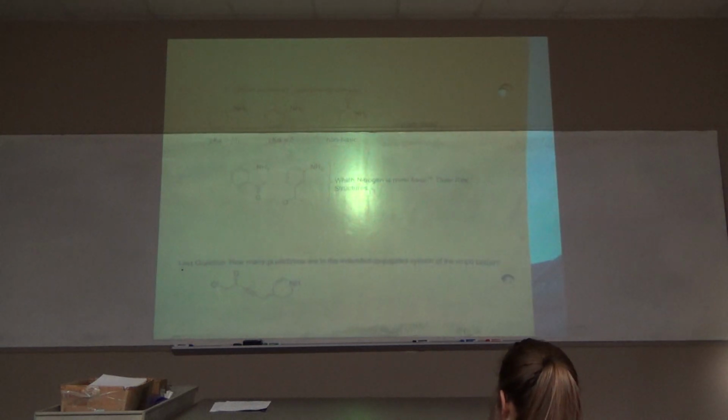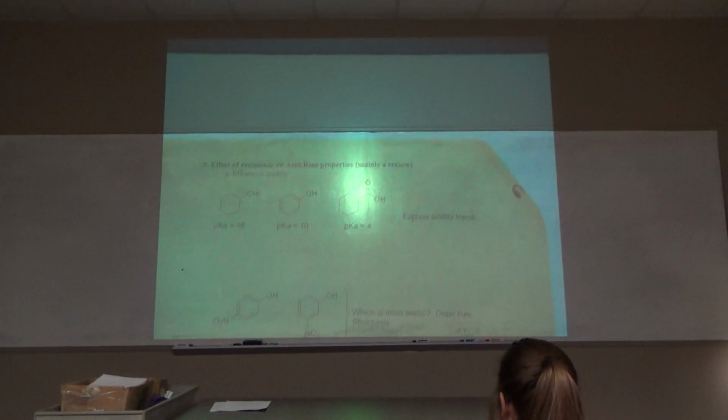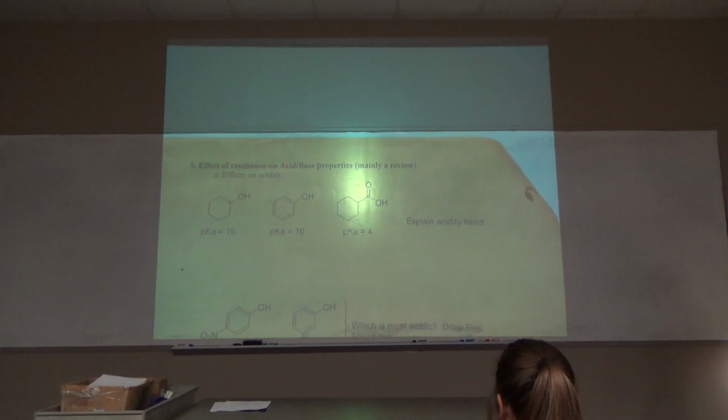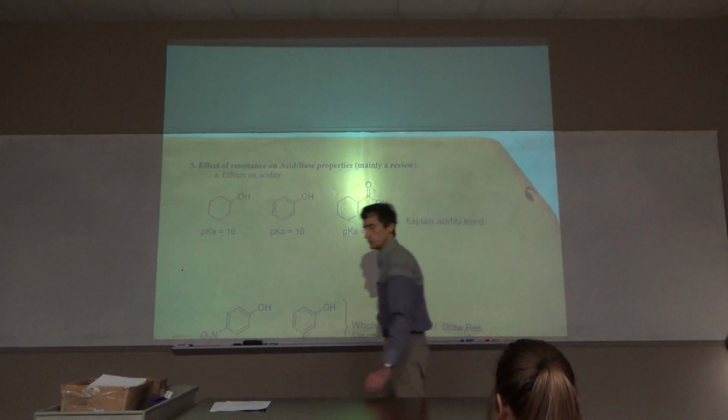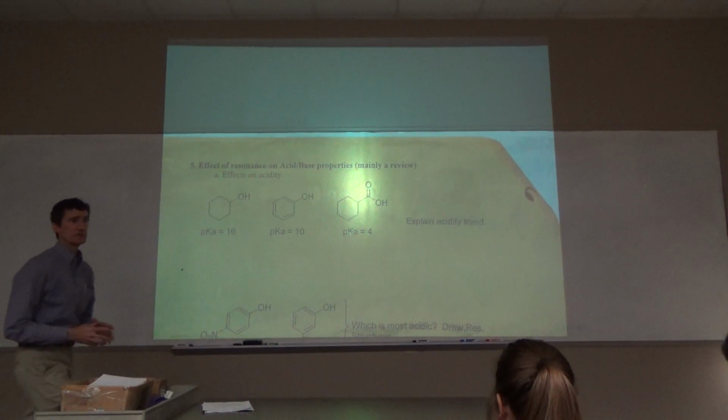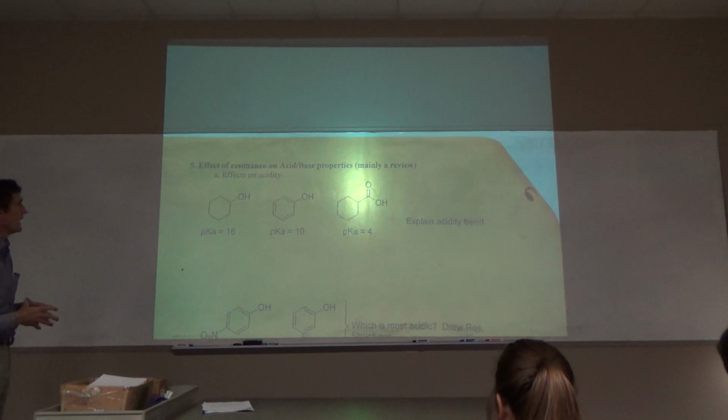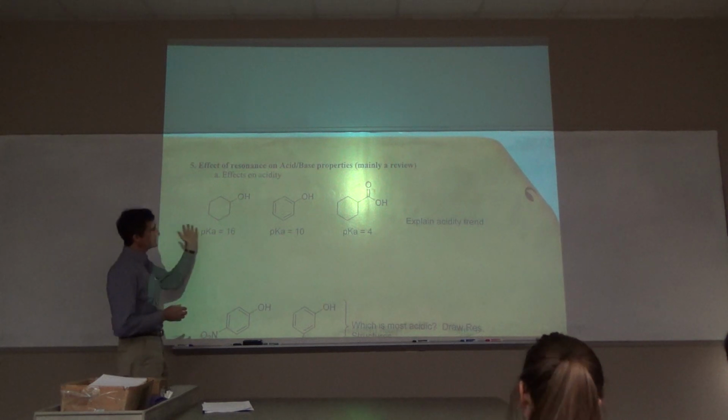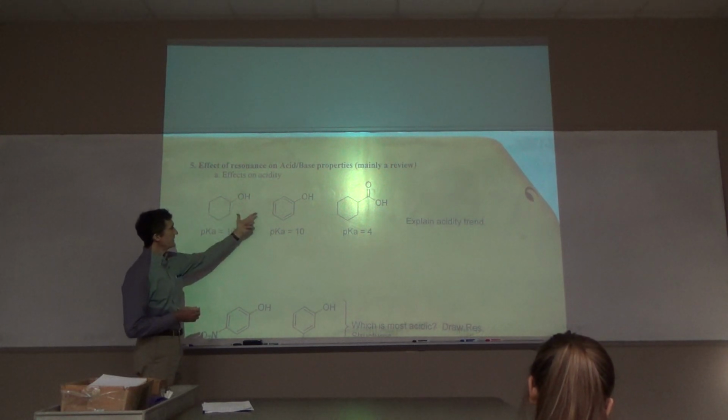Okay, the last page is a little bit of acid-base. And we actually looked at resonance when we looked at acid-base chemistry back there in test 1. And you should be looking back at that. And you should understand the pKa's of these different OH compounds.